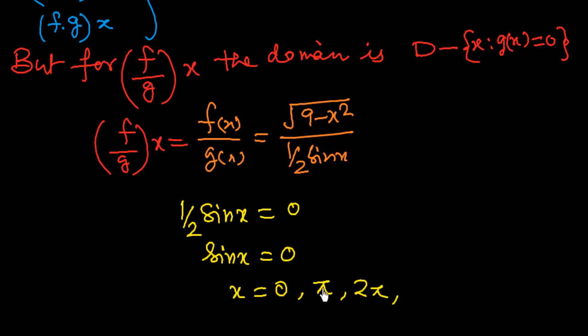Now the value of pi, we know that it is 22 over 7, which is 3.14, which is more than 3.